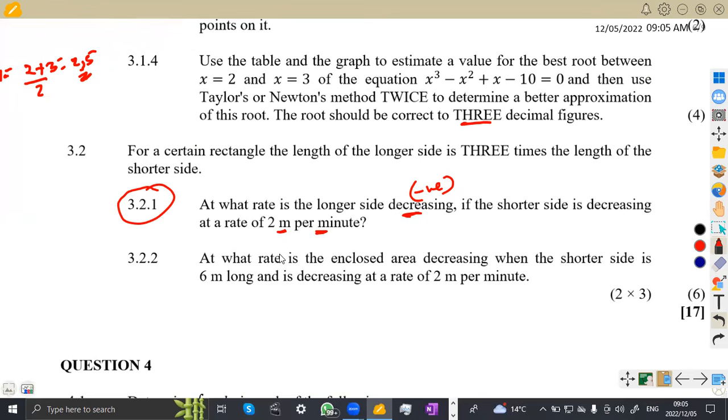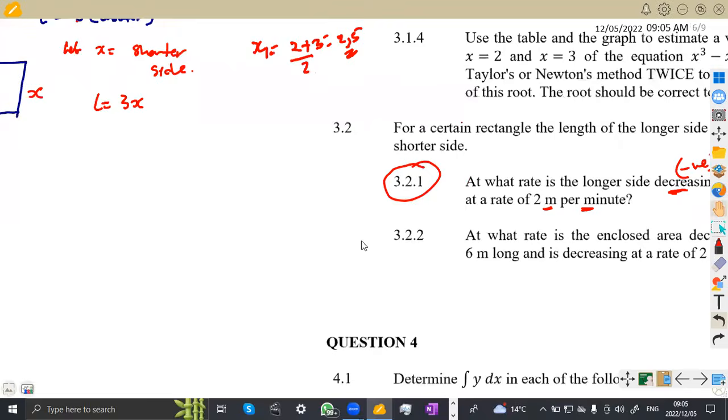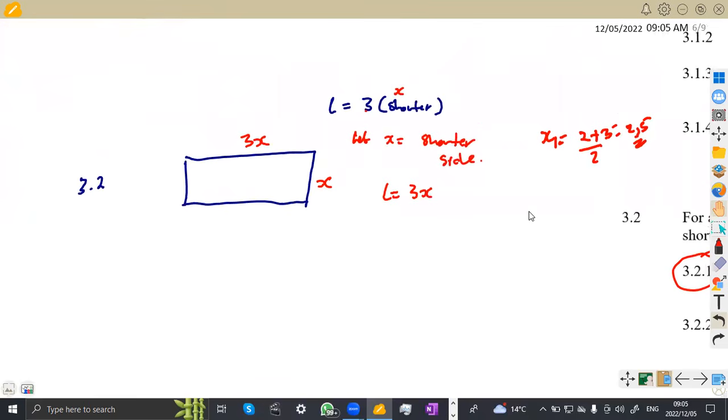We are given the rate at which the shorter side, which we represented by x, is decreasing. So the rate of decrease of x with respect to time, because a rate is with respect to time, is 2, but it's a decrease, so it's going to be -2 meters per minute.